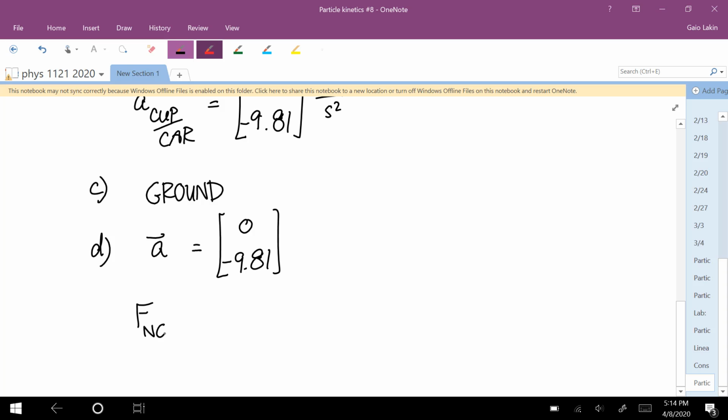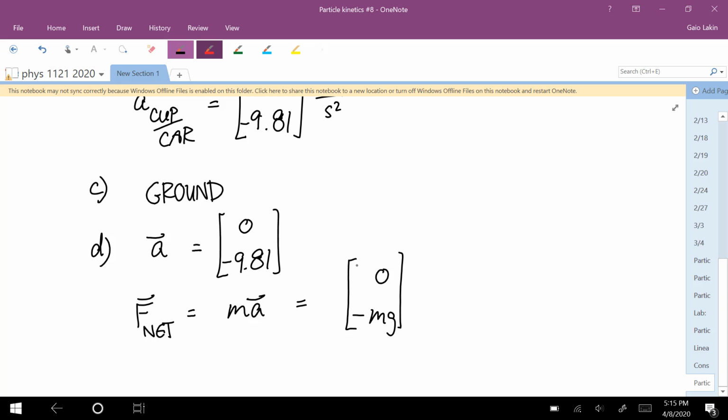F net is equal to the mass times the acceleration. So that's, you can think of that as 0, negative mg. Does it make sense that the force acting on this object in free fall is mg down? Yeah, that's what it means to be in free fall. That's always the force that gravity applies.